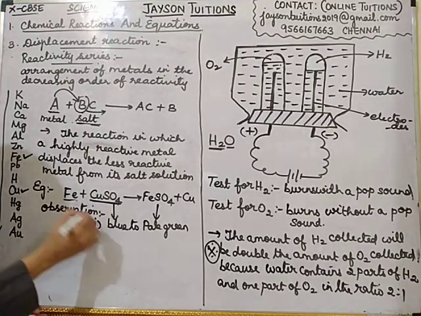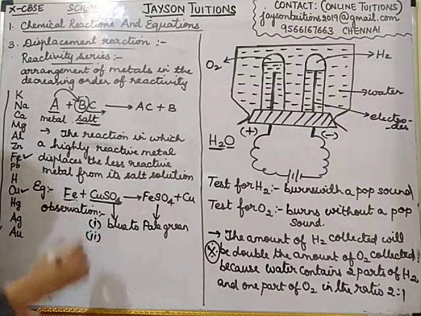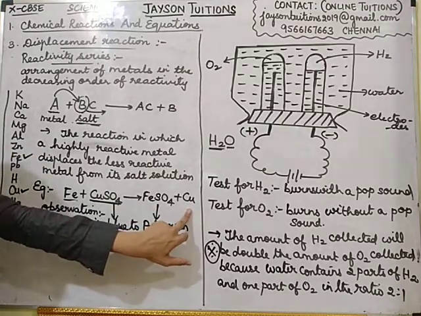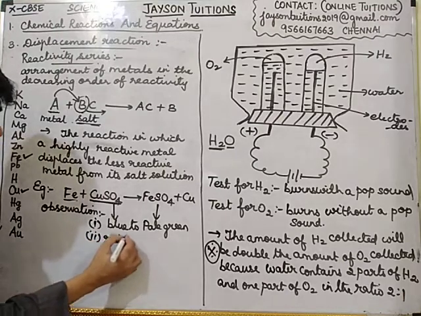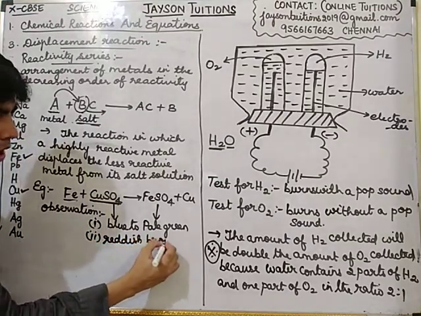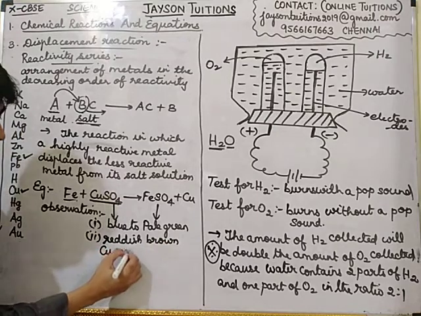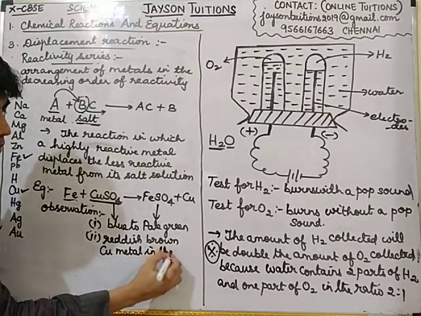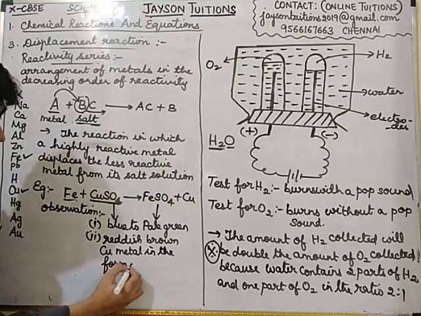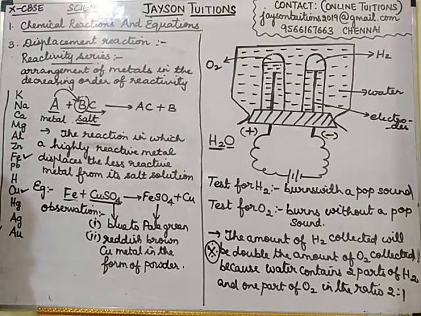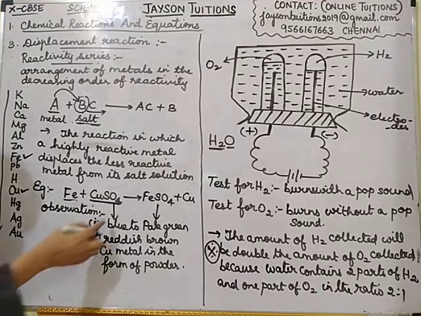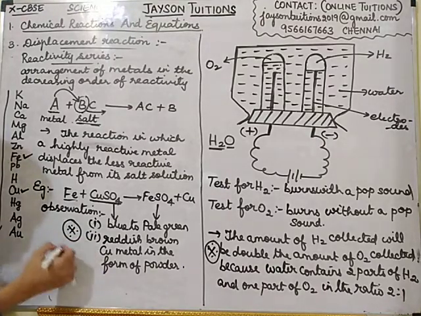That is your first observation. The next observation is that copper metal is formed. What is the color of copper metal? Reddish brown. So you can see reddish brown copper metal in the form of powder. These are the two observations in this reaction. Understood? They may ask these observations in a 1 mark question.